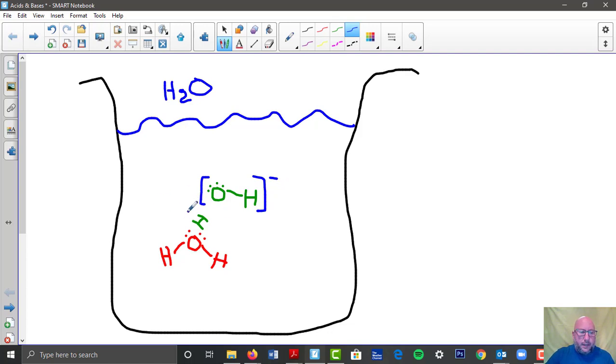And the result here is a polyatomic ion with the formula H3O plus, that can lead to the production of a hydronium ion.